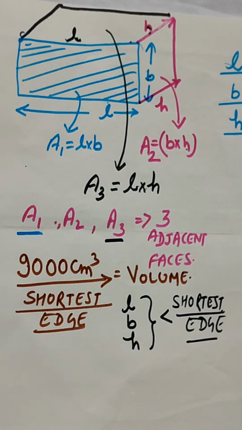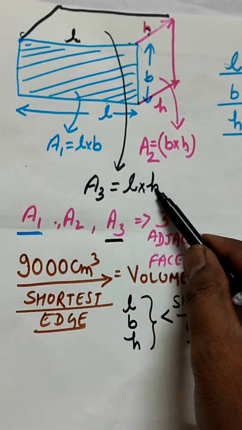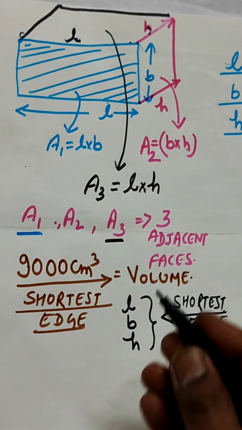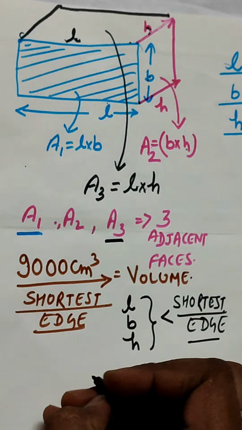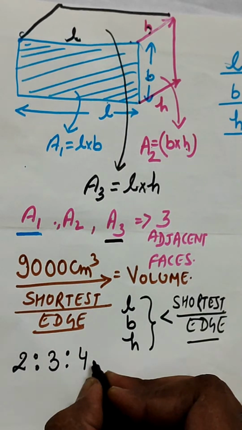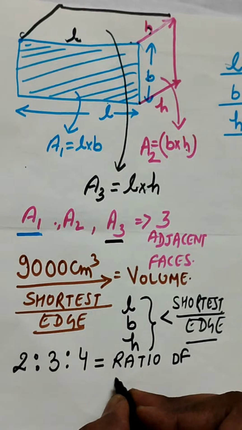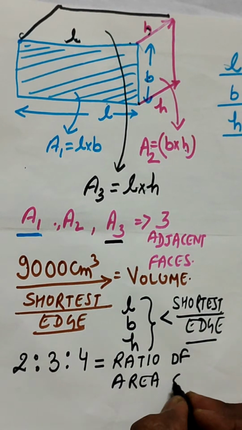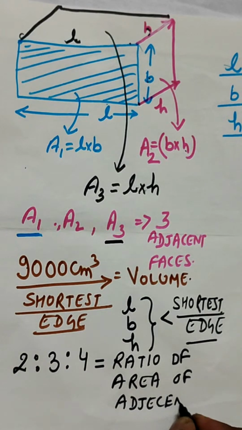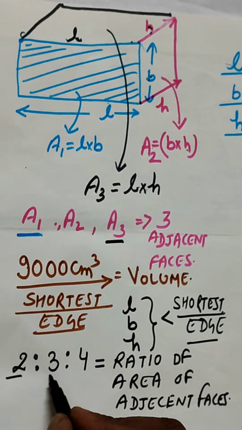Now, since we have seen these are the three adjacent faces with areas L into B, L into H and B into H, the other data given in this question is that these three areas A1, A2 and A3 are in the ratio 2 is to 3 is to 4.